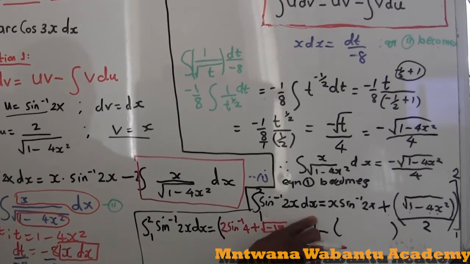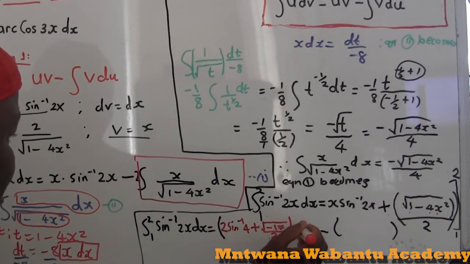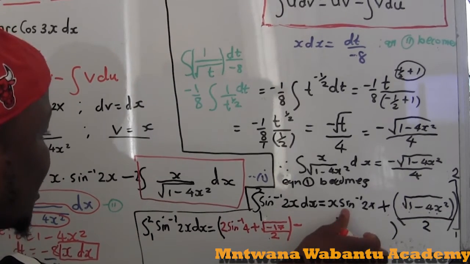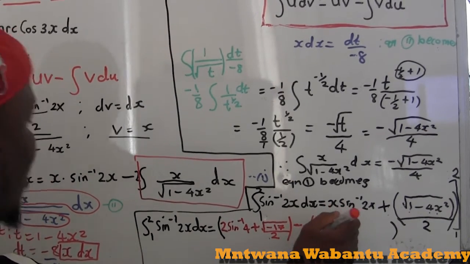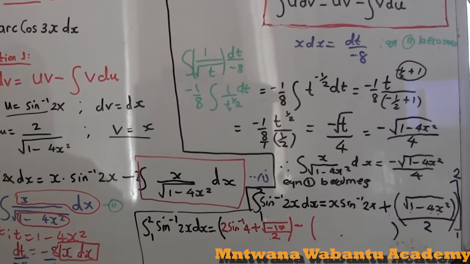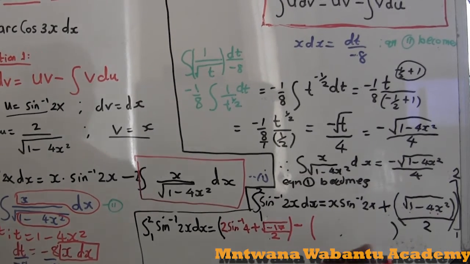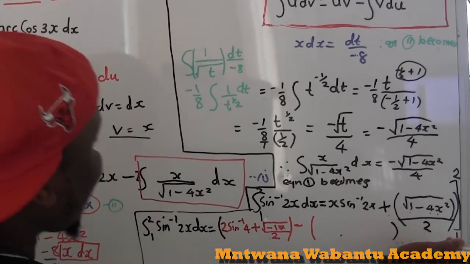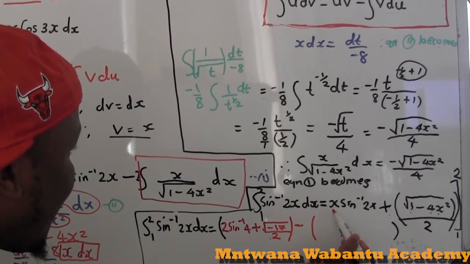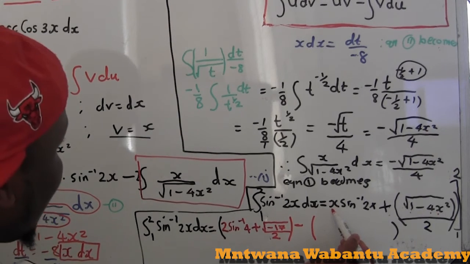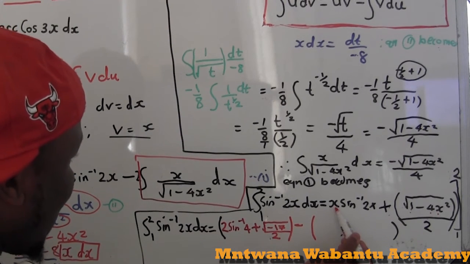So this is the upper limit, and we minus the lower limit. So we substitute the value of the lower limit everywhere, which is 1.